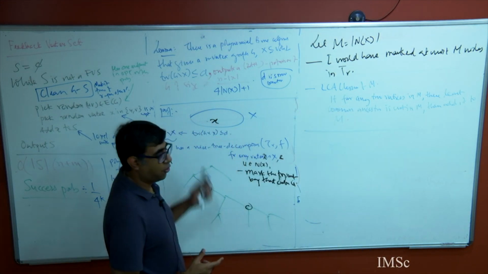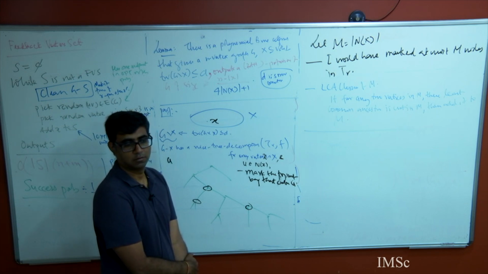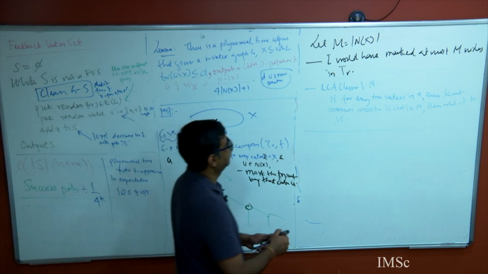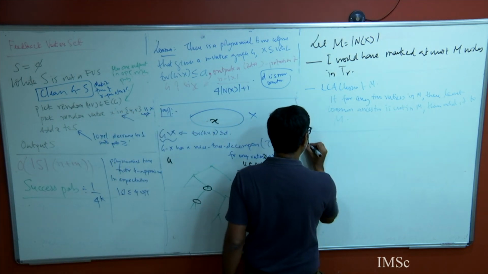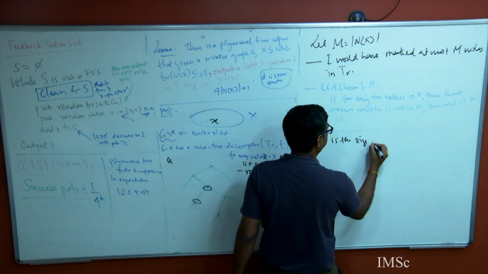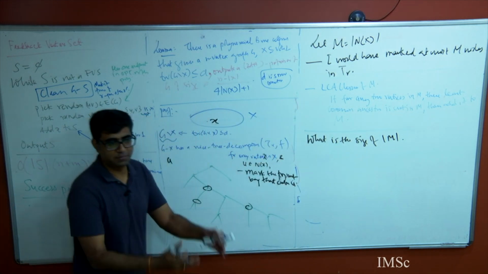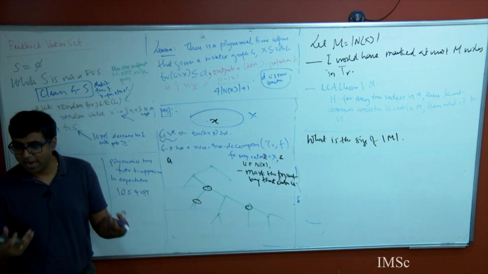How many vertices would I have added? After this process, what is the size of M? I started with some N(X), and now I have added these.